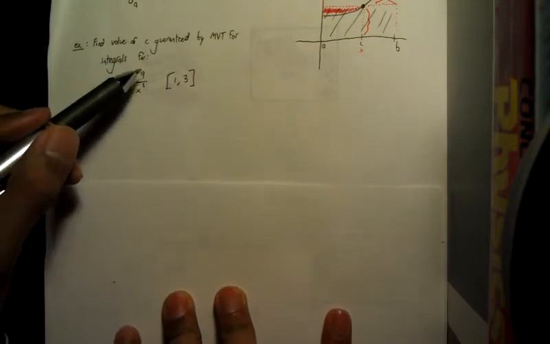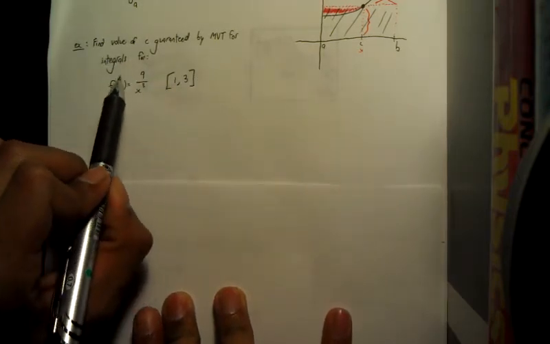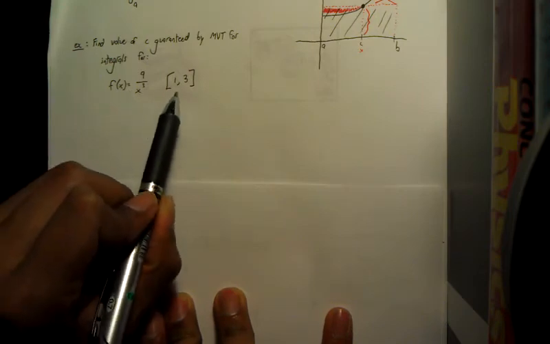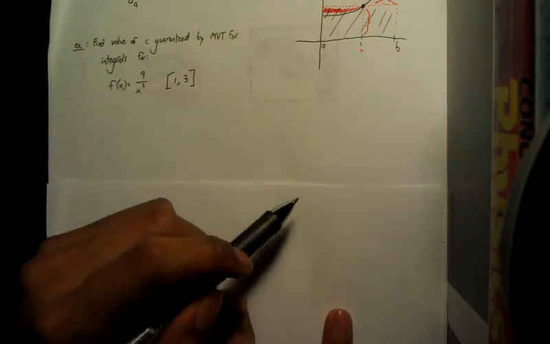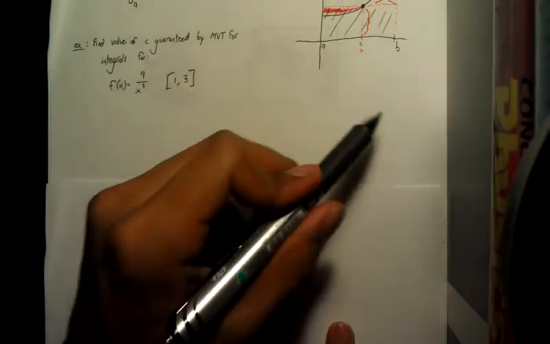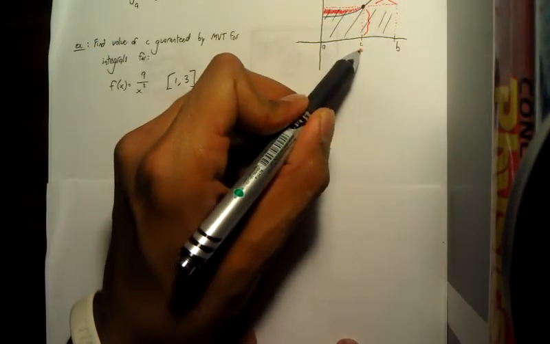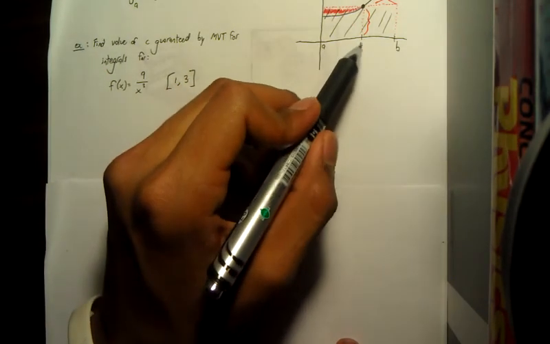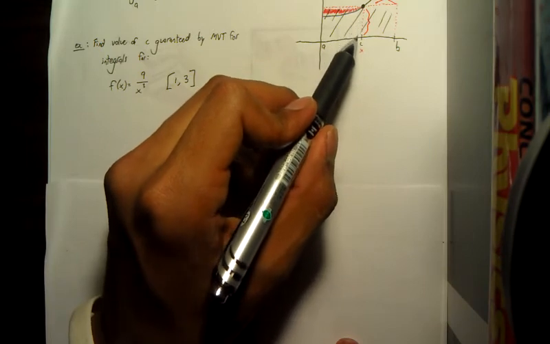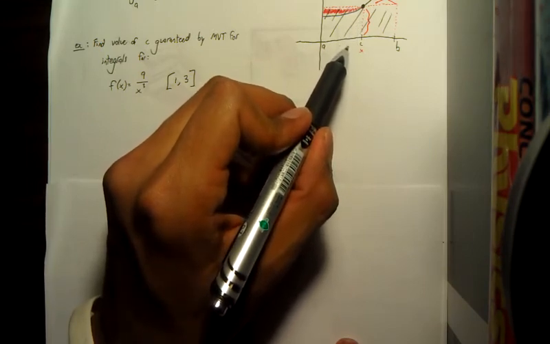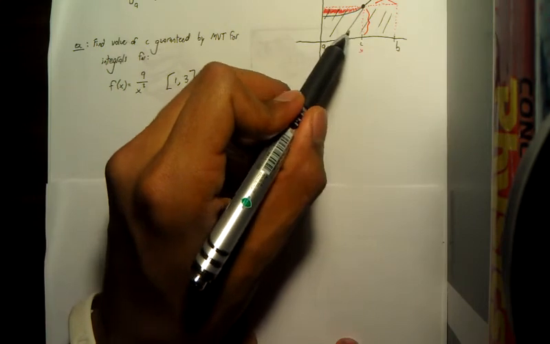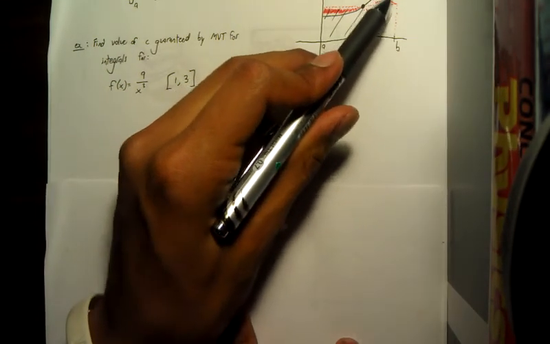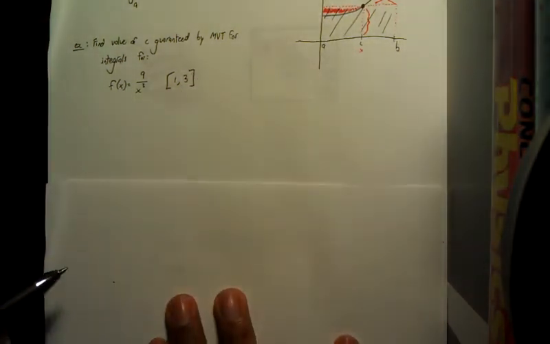Find the value of c guaranteed by the mean value theorem for integrals for f of x equals 9 divided by x to the third on the interval 1 to 3. So we're solving for the x value within the interval that's going to produce that point on the graph at which, if a rectangle was drawn there, it would precisely measure the area underneath the whole curve from a to b.